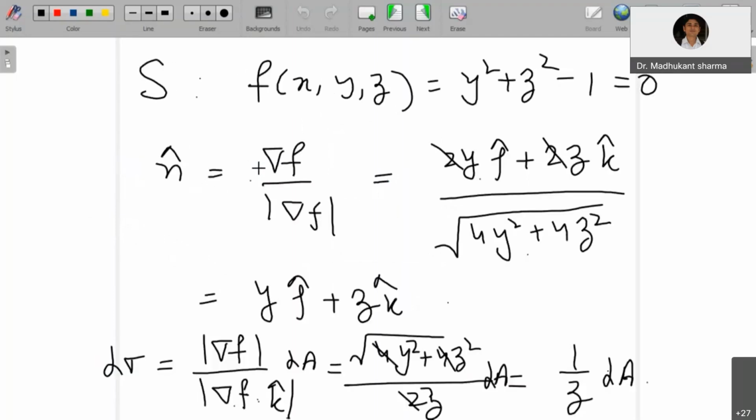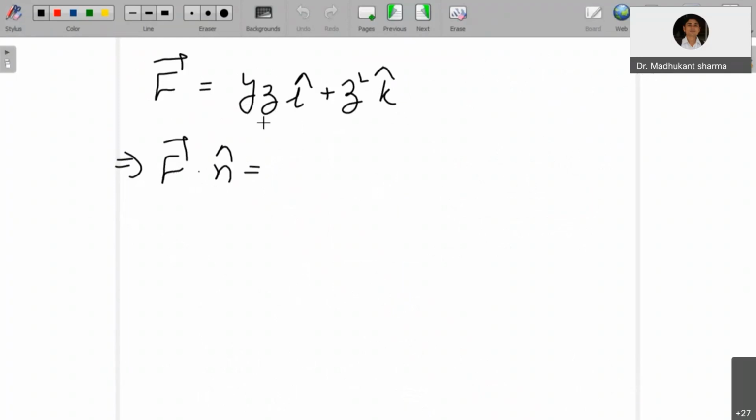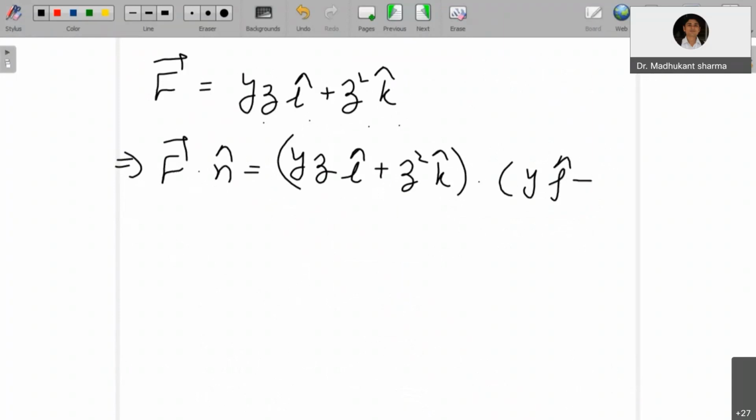So n cap was yj plus zk. So yz i plus z² k dot yj plus zk. So that is equal to z³.